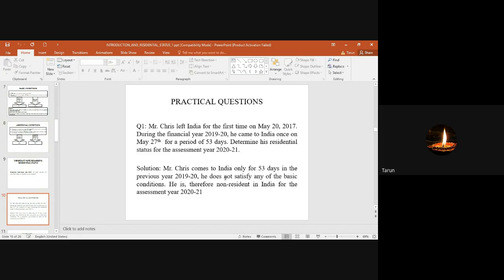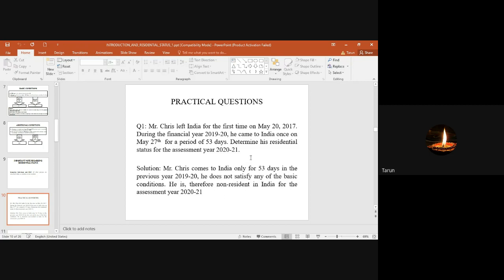But in this question, this person has spent only 53 days. That means he does not satisfy any of the basic conditions. As a result, he becomes a non-resident of India for the assessment year 2020-21.